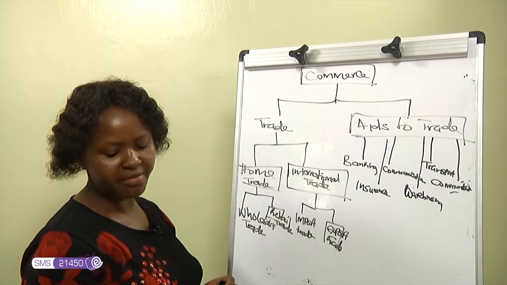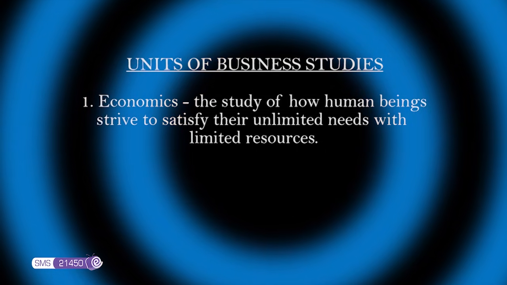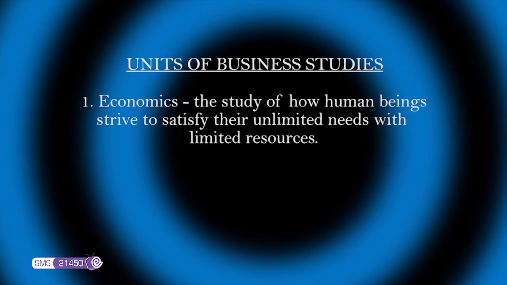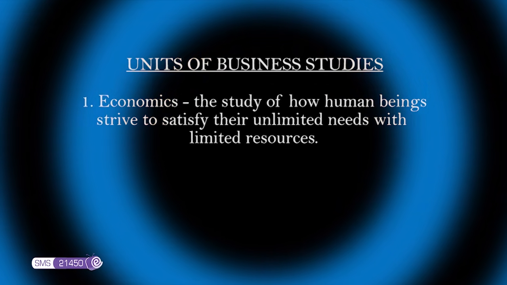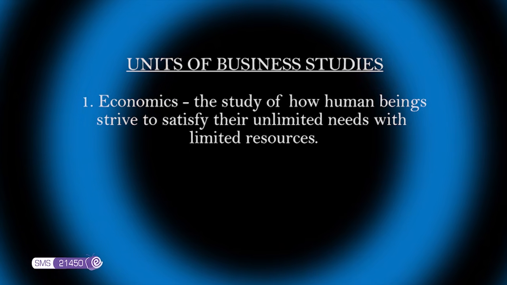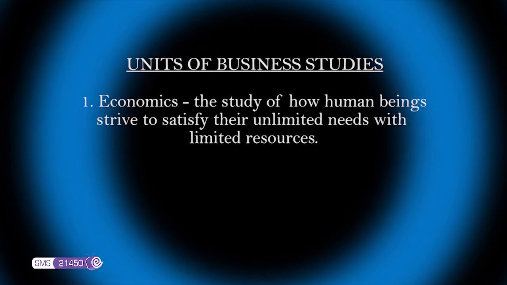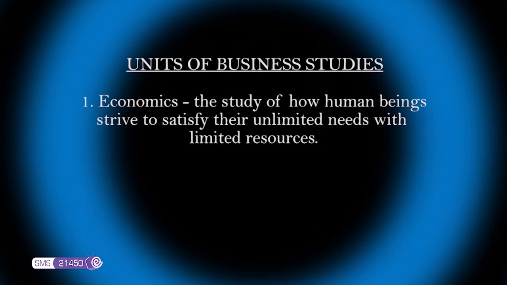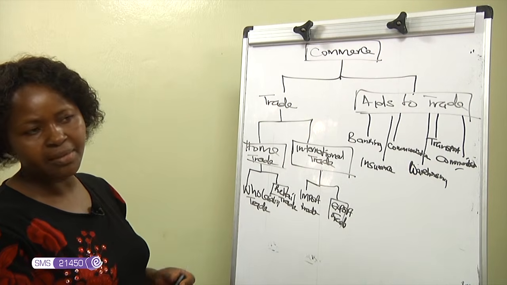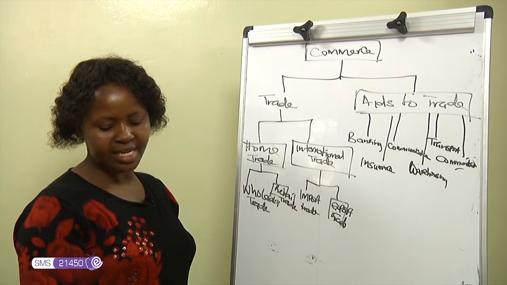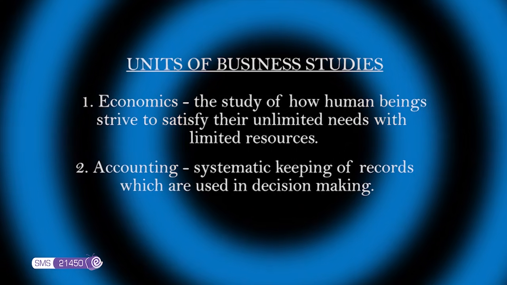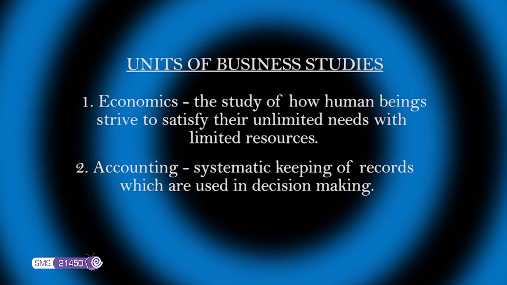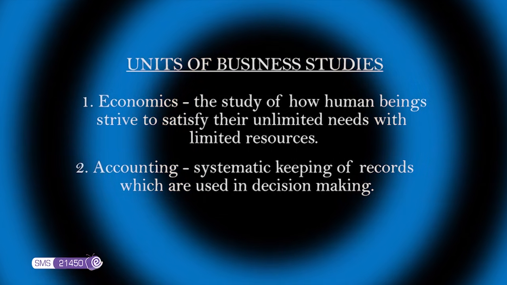We have said we have economics, which we have defined as the study of how human beings strive in order to satisfy their unlimited wants with the limited resources. Accounting, which is another discipline of business studies, has been defined as the systematic keeping of records which are used in decision making.